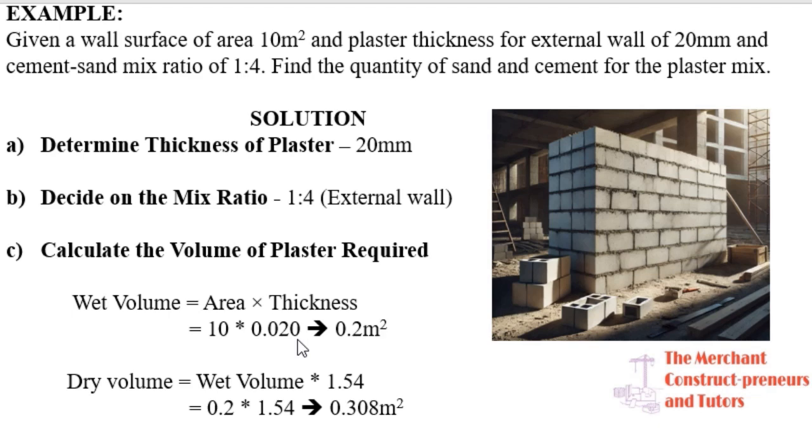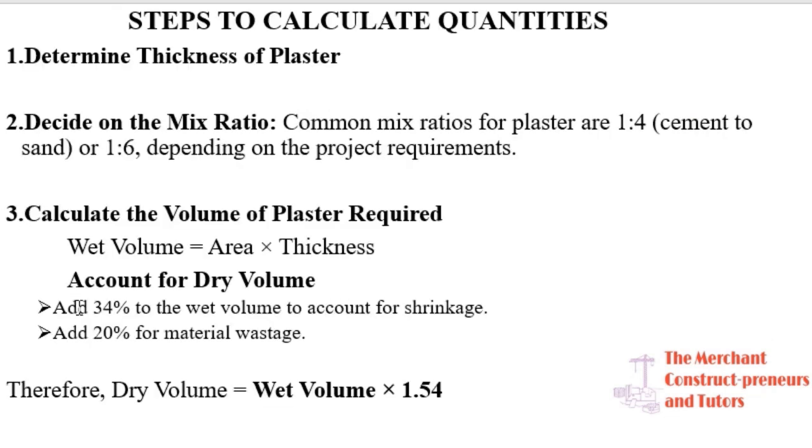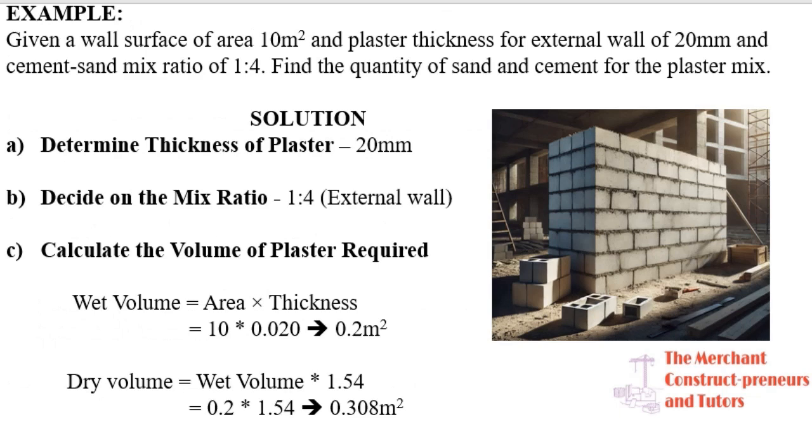So once we get our wet volume as 0.2, now for the dry volume, we are considering wastage and shrinkage, just as we stated here. We are adding 34% to the wet volume for shrinkage, and also 20% as wastage. So that gives us 1.54. Once we multiply, the dry volume is 0.308.